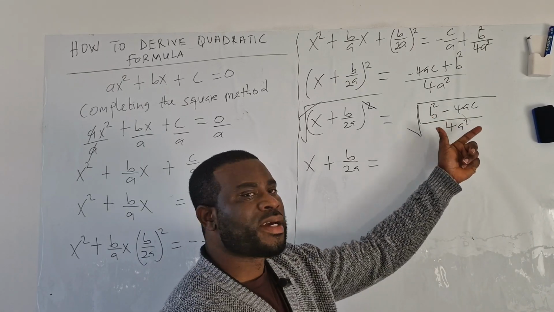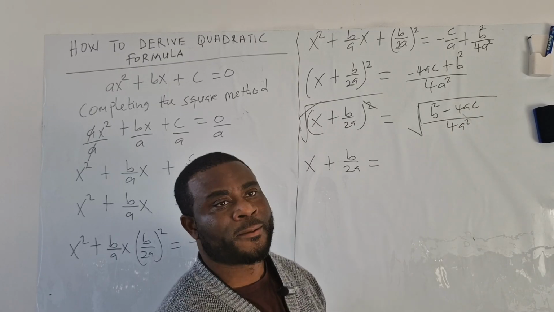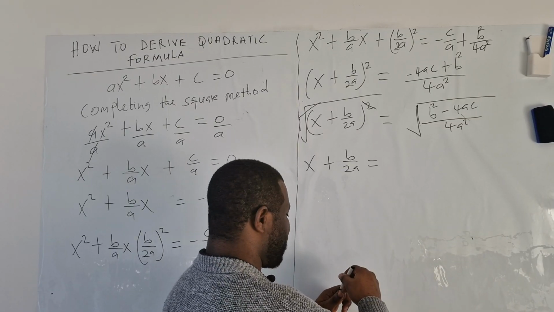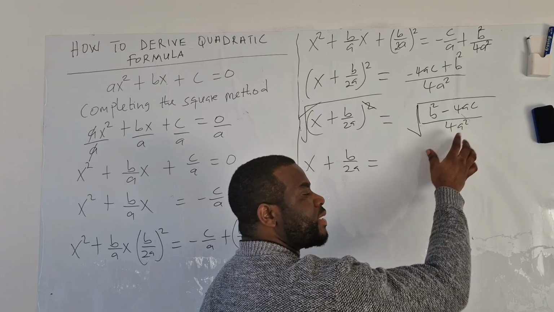Now, this square root is affecting both the numerator and the denominator, right? So we are going to have square root of the numerator and square root of the denominator.